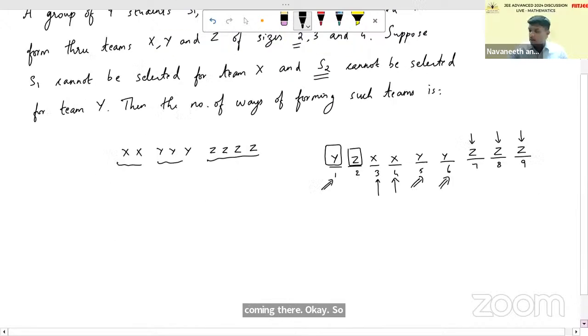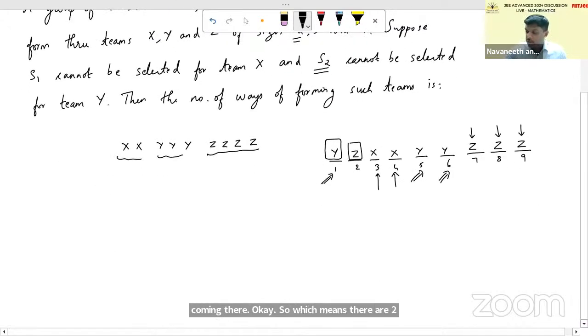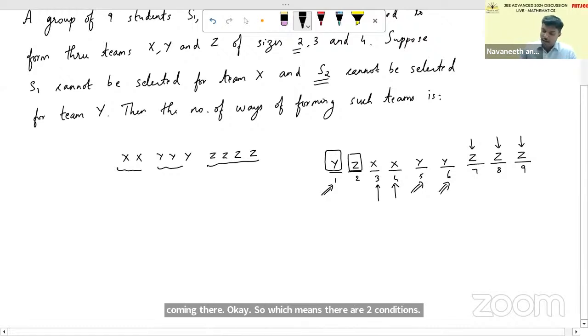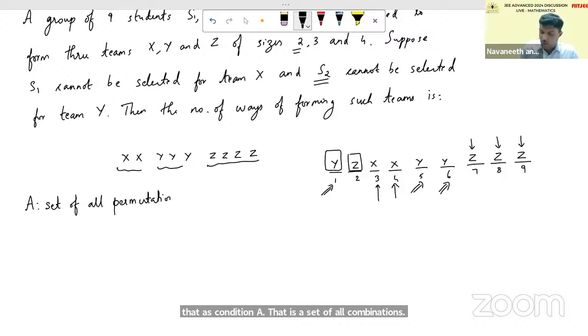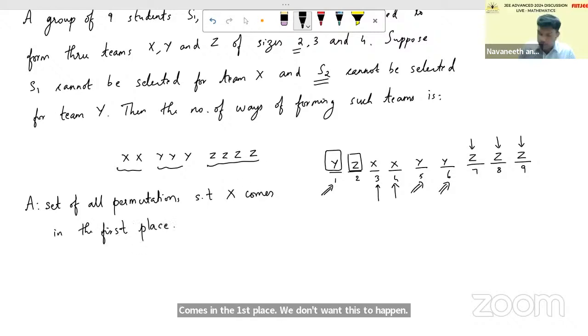So there are 2 conditions that need to be satisfied. Let us call the first condition A: the set of all permutations of these X's, Y's and Z's such that X comes in the first place. We don't want this to happen, but let me first introduce it as a set of permutations.